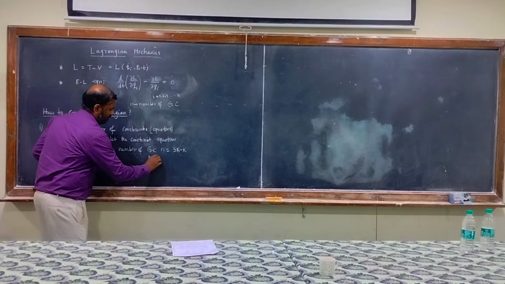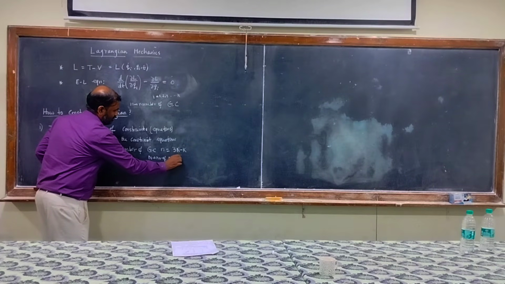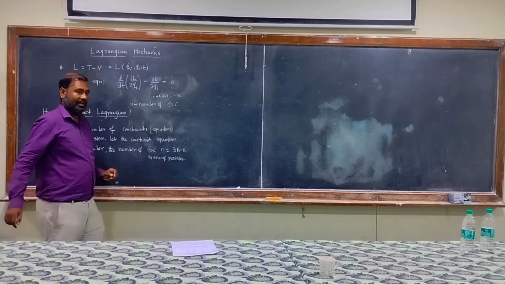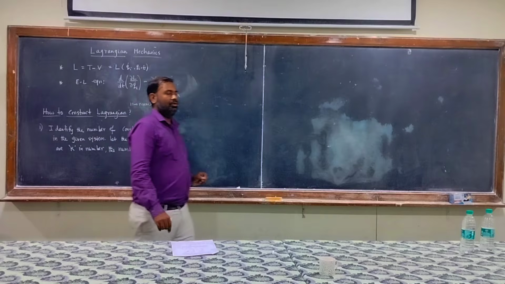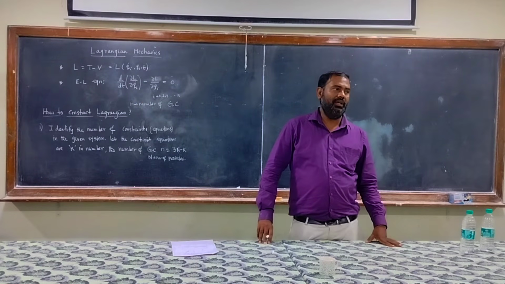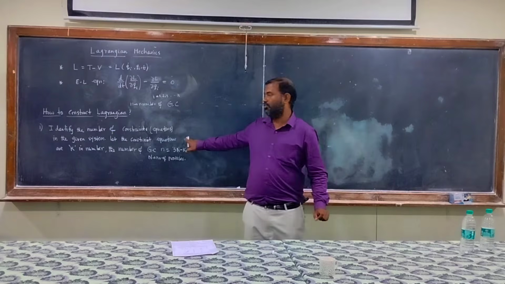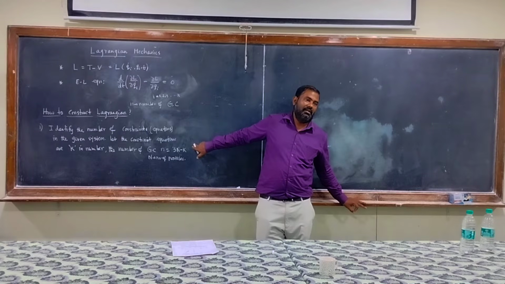N is the number of particles. To find the number of generalized coordinates, you should know what constraints are involved in the system, and try to express them as equations.